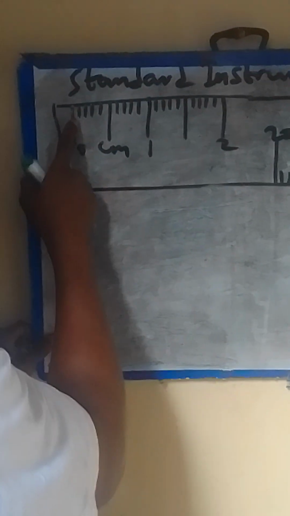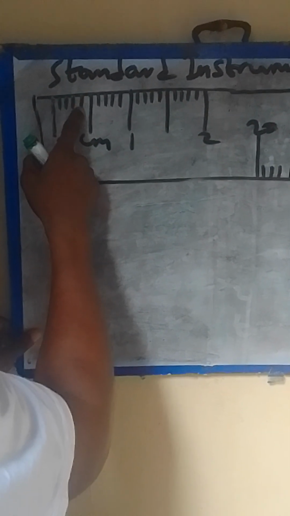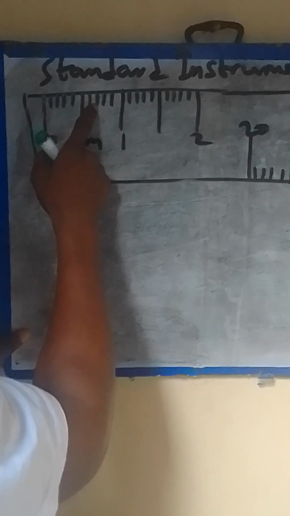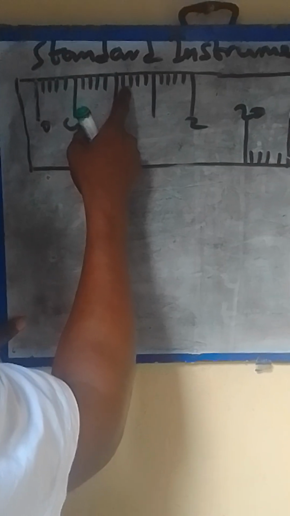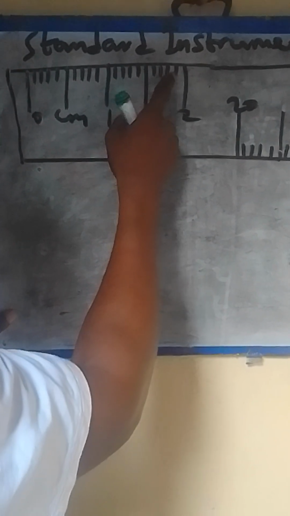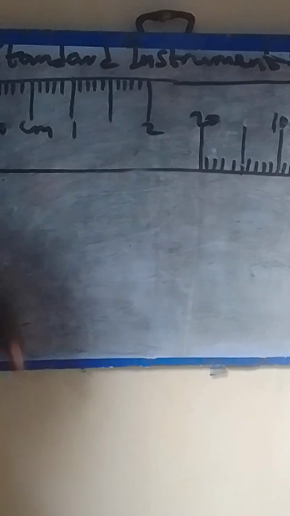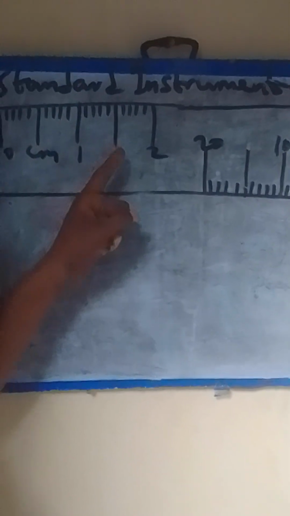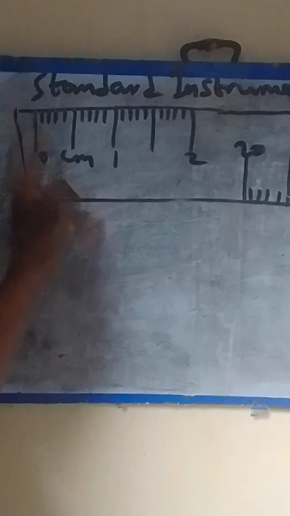So from here it is 0, 0.1, 0.2, 0.3, 0.4, 0.5, 0.6, 0.7, 0.8, 0.9. This is 1. 1.1, 1.2, 1.3, 1.4, 1.5, 1.6, 1.7, 1.8, 1.9, 2. So the smallest division of a meter rule or measuring tape in centimeters is 0.1.